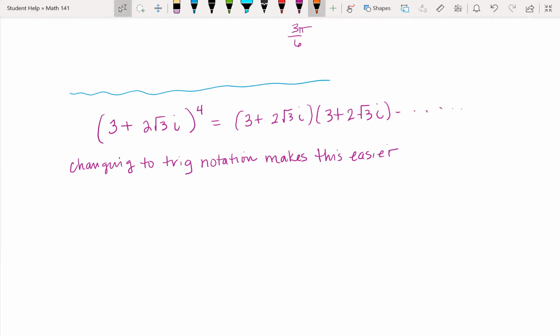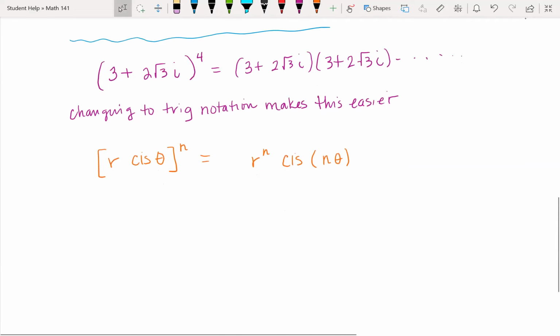The formula that we're going to use is that if I have a number in trig form that I'm trying to raise up to a power, I'm going to raise the absolute value number up to the power. And then I'm just going to take the angle and multiply it by whatever number the power is. This is a lot easier than multiplying out multiple times, right?